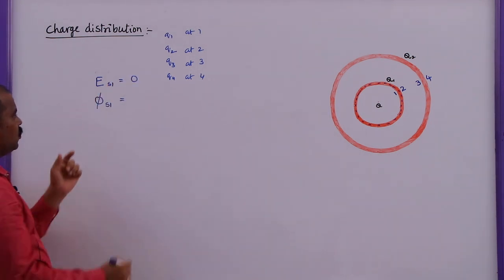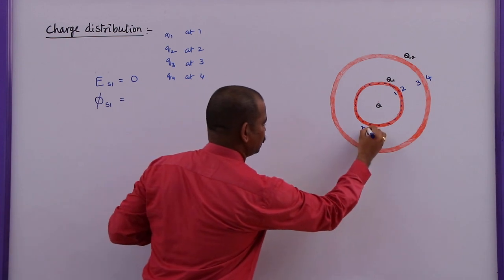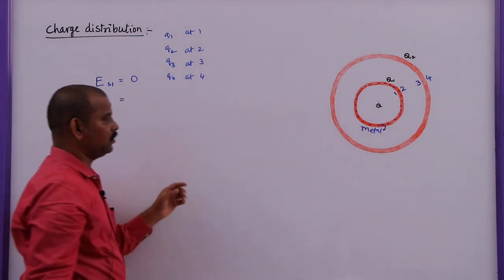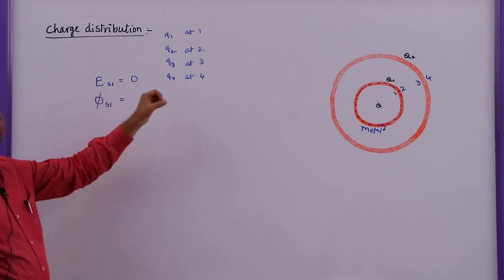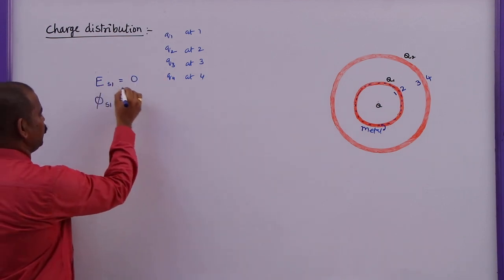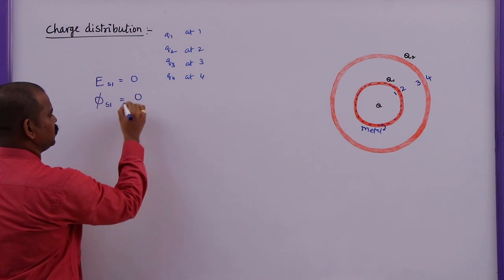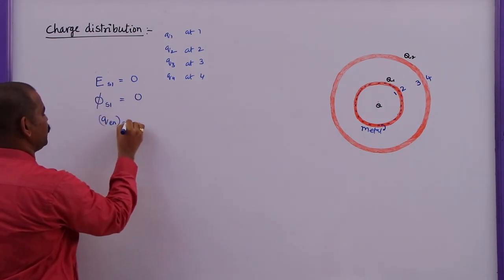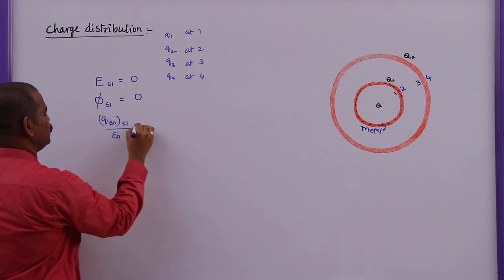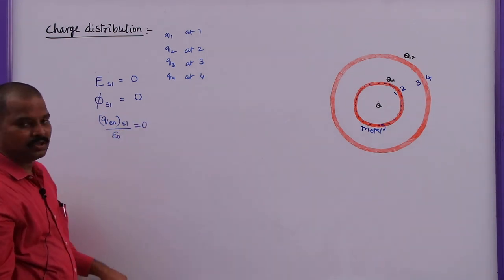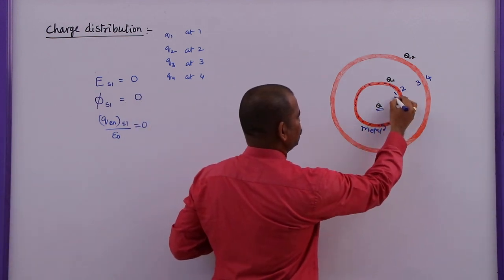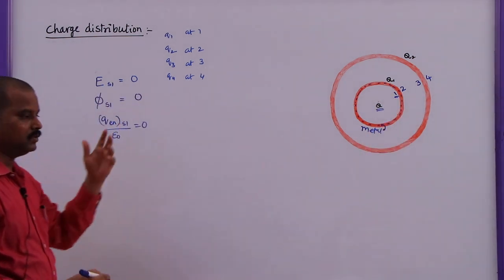As this is a metal, the electric field within the metal at any point will be 0. So when the electric field is 0, that means the flux must be 0. So what is the flux here? The charge enclosed by the first surface divided by epsilon naught is 0. What is the charge enclosed by this surface? This charge and the charge on the inner surface only.